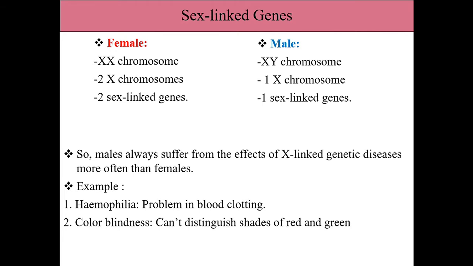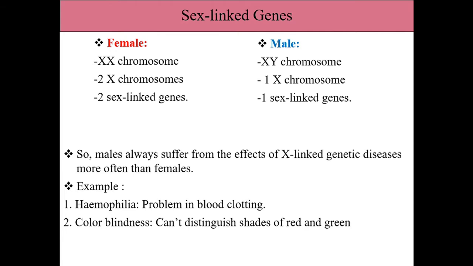So examples of sex-linked genetic diseases are hemophilia and color blindness. For hemophilia, the person will have a problem in blood clotting, so if they are bleeding, the blood will take longer to stop or clot compared to normal people.